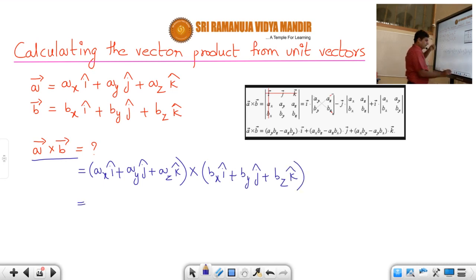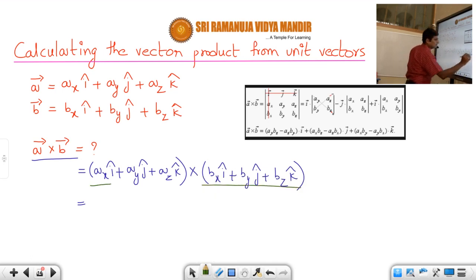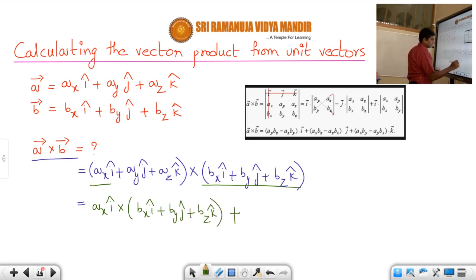Now you have to take the first term and multiply with this entire second vector. That means AX into i cap cross BX into i cap plus BY into j cap plus BZ into k cap.